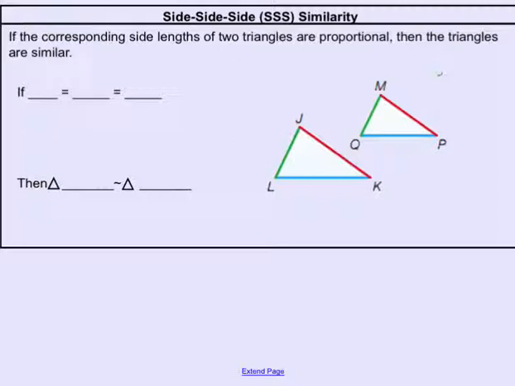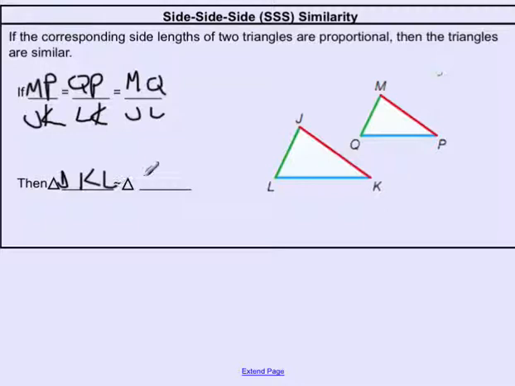For example, going by our colors here, if MP divided by JK is equal to QP divided by LK is equal to MQ divided by JL, keeping that first triangle on top, and if all of those are true, then we can say that triangle JKL is similar to triangle MPQ. Again, you want to keep those corresponding angles all lined up.